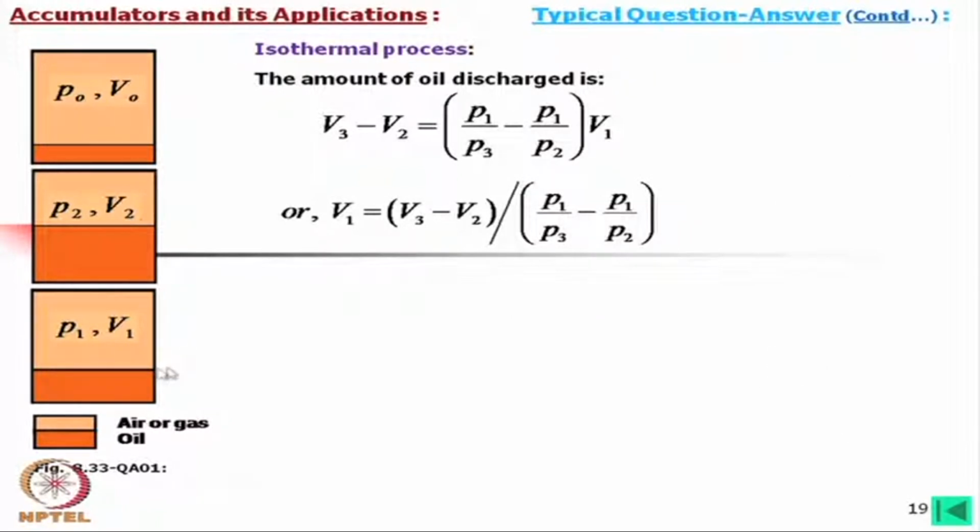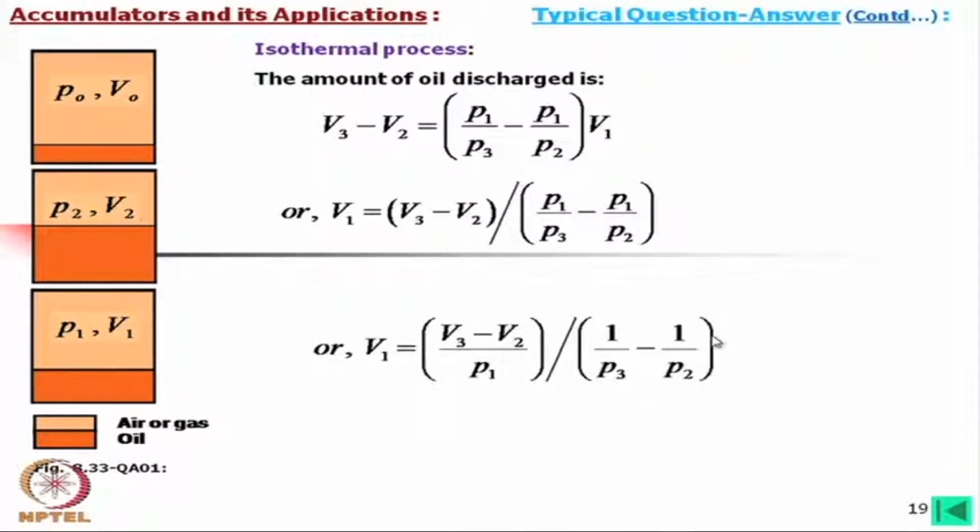Anyway, we are dealing with this volume. So, V1 is the charge volume in this case and this can be expressed in this way. And finally, we can find out the relations of this volume.